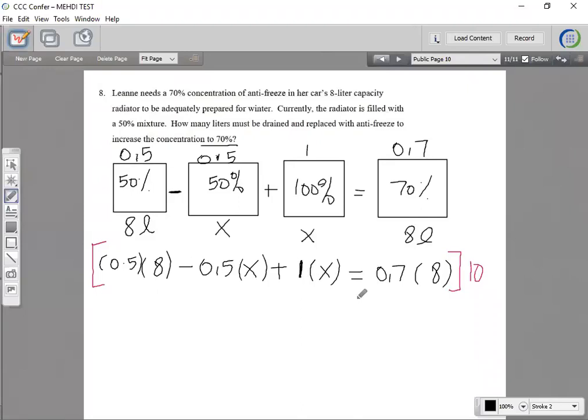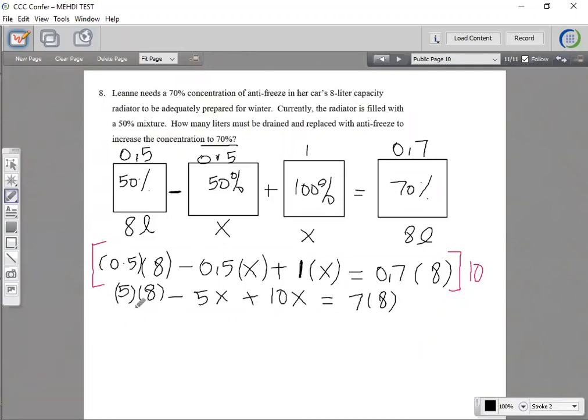Yeah, okay, so let's go ahead and multiply each term by 10. So that gives me 5 times 8, that's good. Minus, if I multiply this term here by 10, I get 5 times x plus, if I multiply this by 10, don't forget each term should be multiplied by 10, that would become 10x. That would be 7 times 8, okay?